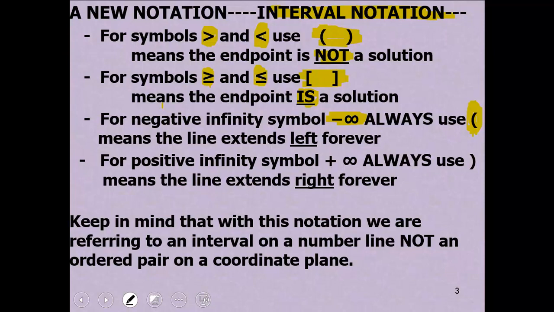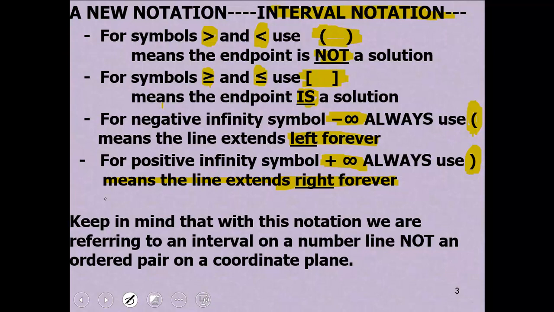This means that the line extends left forever and ever. The symbol that we use to represent everything greater than is positive infinity. Again, we're going to use a parenthesis, and this means that the line extends forever in the right direction.